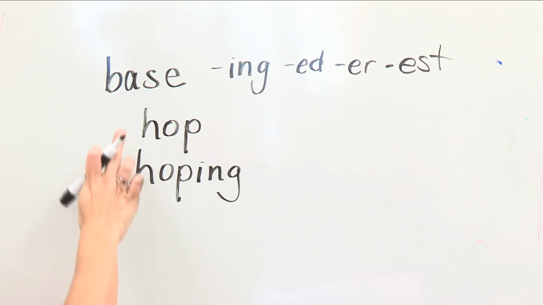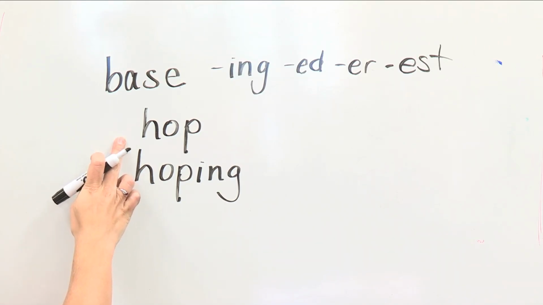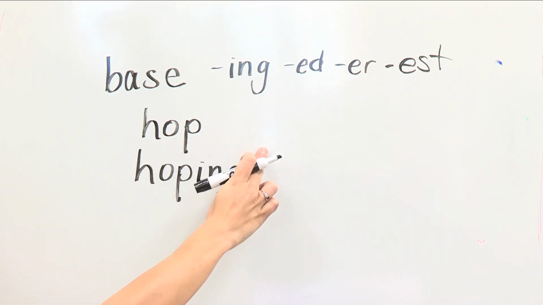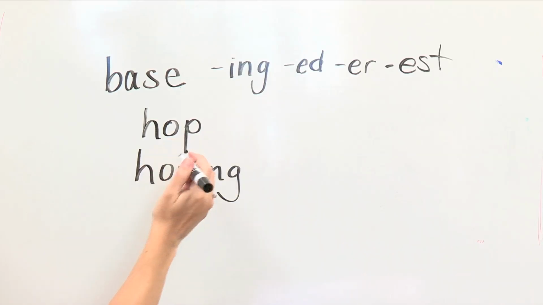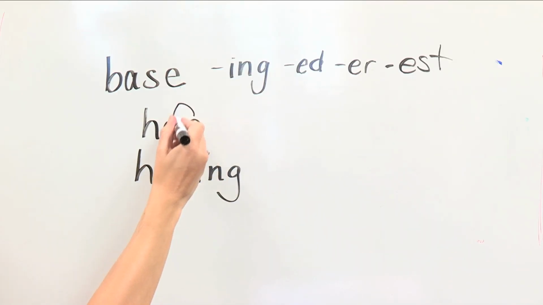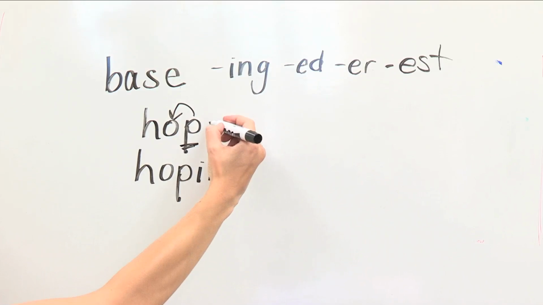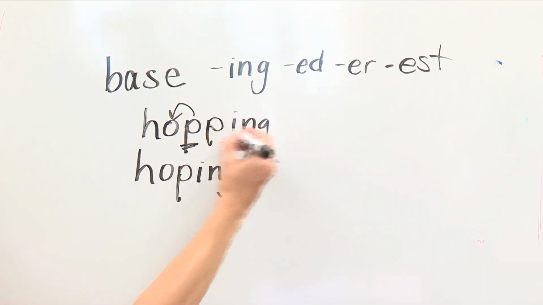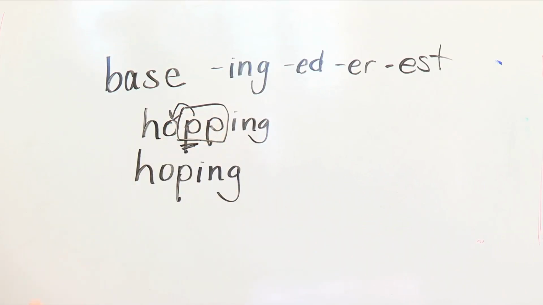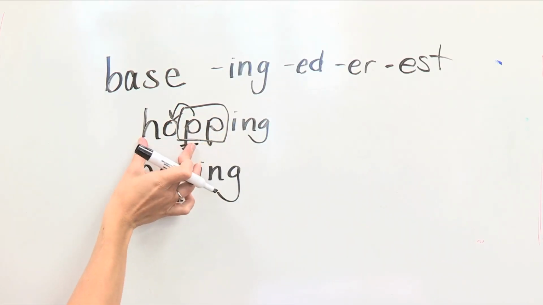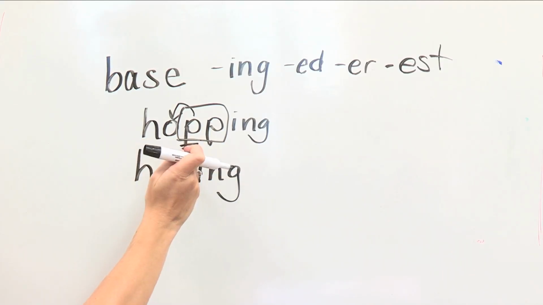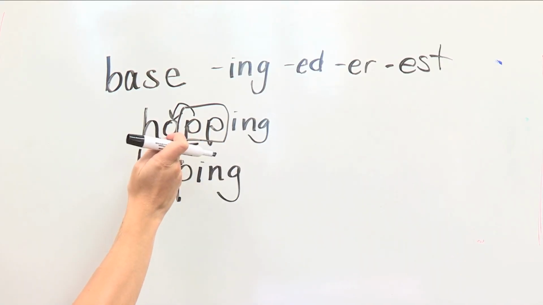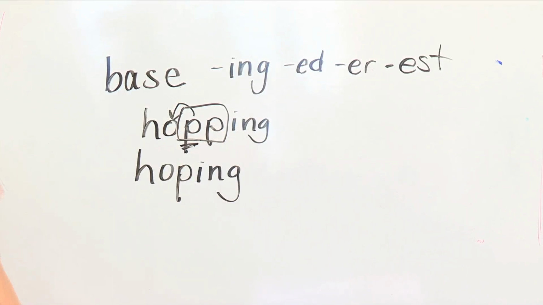Okay? But this says hop. Be careful here. Do I just add ing? No. It's a short vowel with a consonant, a short vowel immediately precedes it, so you always double, and then you add the ing. So this is your doubling rule. The doubling rule is whenever you have a short vowel word, it ends in a final consonant, and that short vowel is immediately before it, then you double the consonant and add the ing.